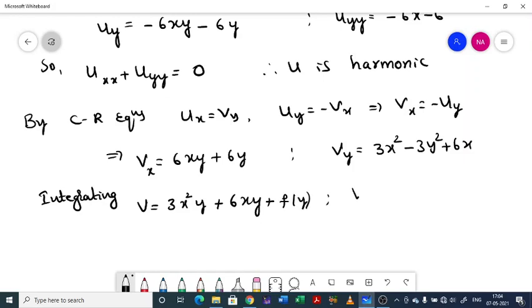And here for V, integration with respect to y: 3x square y minus y cube plus 6xy plus g of x.